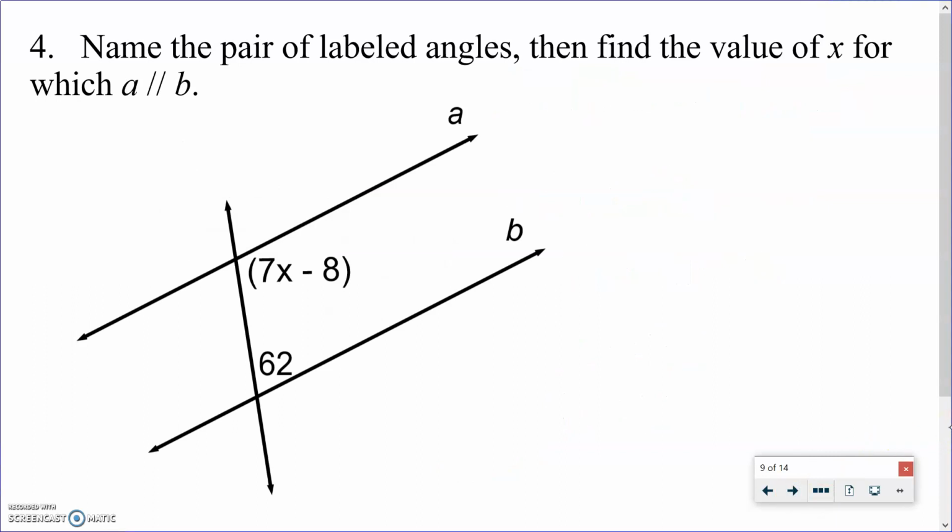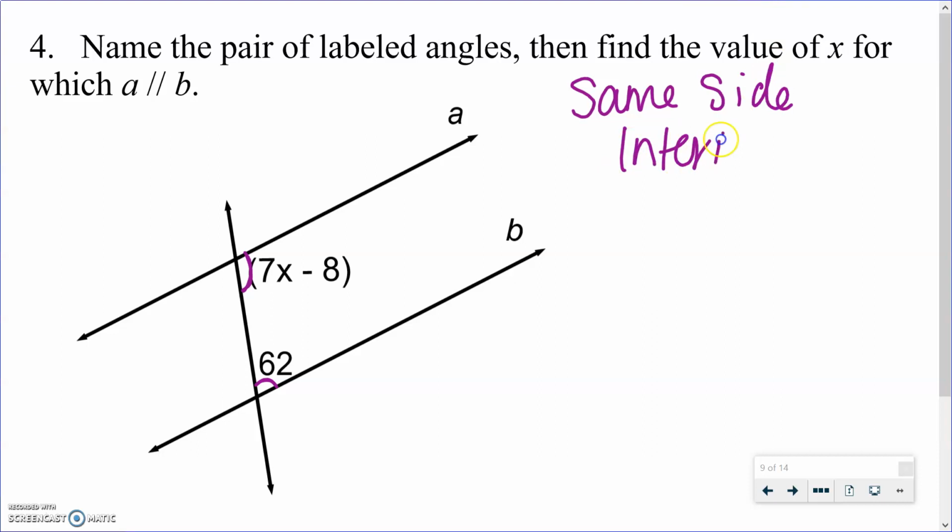Okay, you can do the same thing again here. These are inside, so they're interior angles, and they're on the same side of the transversal. So I would call these same side interior angles.